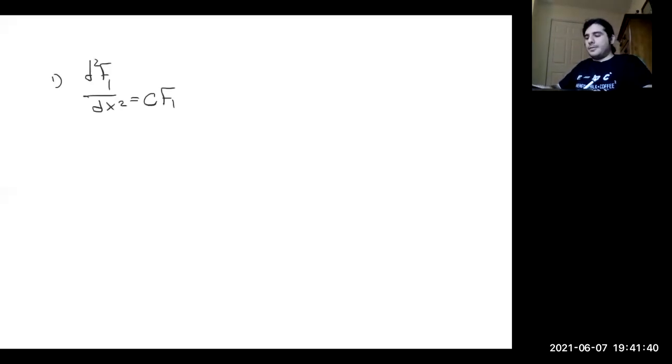Great. So here we have a homogeneous simple ODE. What is the solution to this equation? What is f1? Well, f1 here is a function of x. I think you know how to compute the solutions to these homogeneous equations.